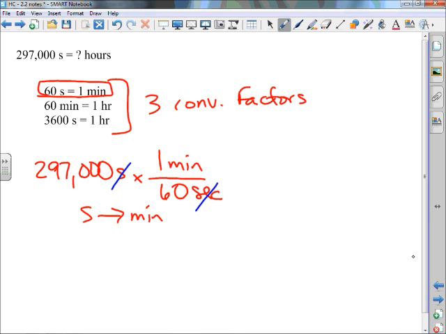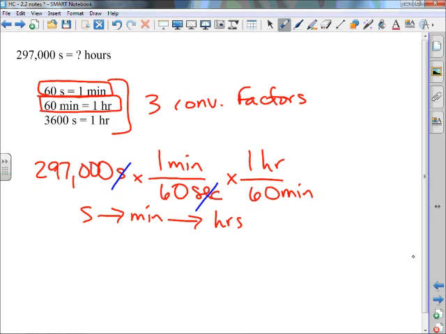Next step, I want to go from minutes to hours. Now, everybody knows I divide by 60. Why? Well, we're trying to leave, so to speak, the minutes unit and go to hours. So what's our next conversion? 60 minutes are equal to 1 hour. So in 1 hour, we have 60 minutes.